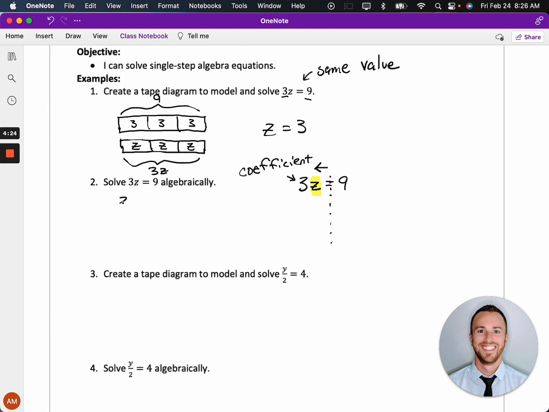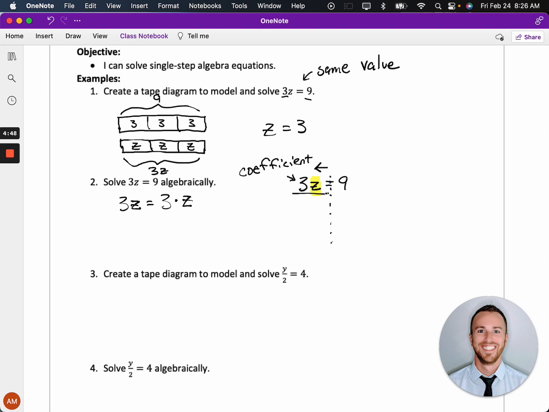So 3z is the same thing as saying 3 times z. In order to undo multiplication, what I need to do is division. I'm going to do the inverse of whatever's happening on that side of the variable in order to work backwards and figure out what the value of the variable is. Because my goal here is to isolate the variable, to have it be z equals.